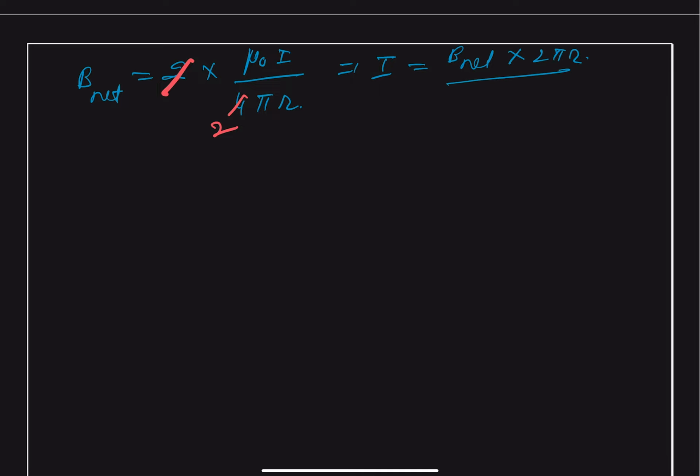So we can say our net magnetic field B net will be equal to twice into mu naught I upon 4 pi r, and the net magnetic field is given to us, and this goes by 2. From here we can write our current I will be equal to B net multiply by 2 pi r and divide by mu naught.